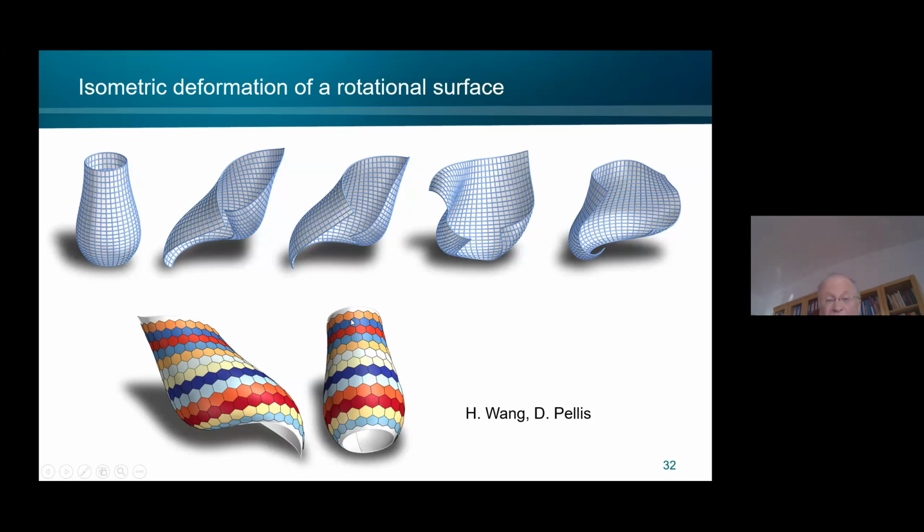Here they are hexagonal panels, not so important. And when we isometrically deform them, all these red panels here on the rotational surface are congruent.